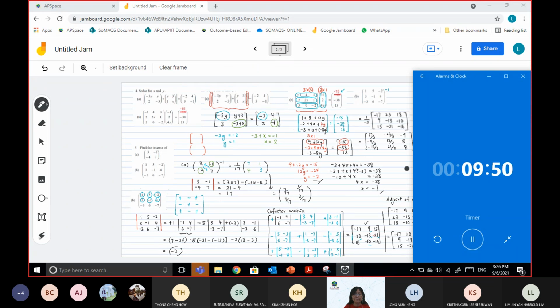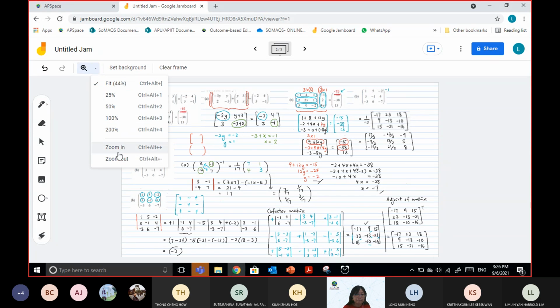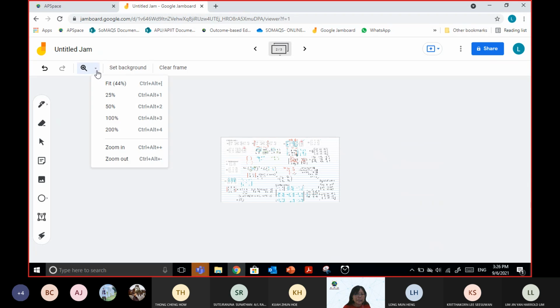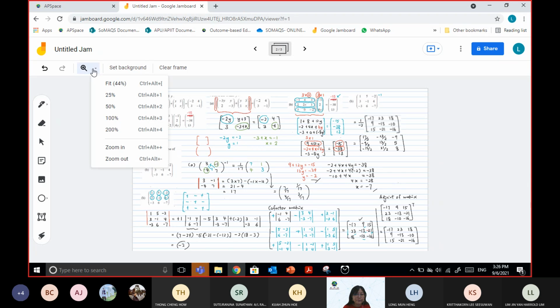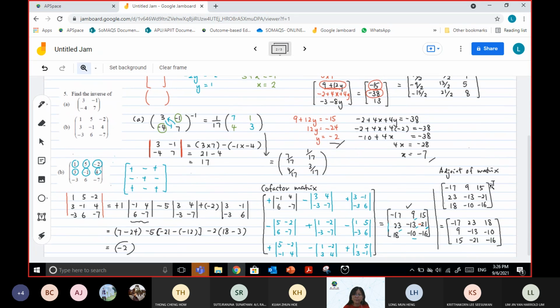Miss, can you show the 5B again? 5B, yeah? Okay, hold on. Miss, for the cofactor, once you have written everything in the bracket, like all the determinants, do we have to write it again?